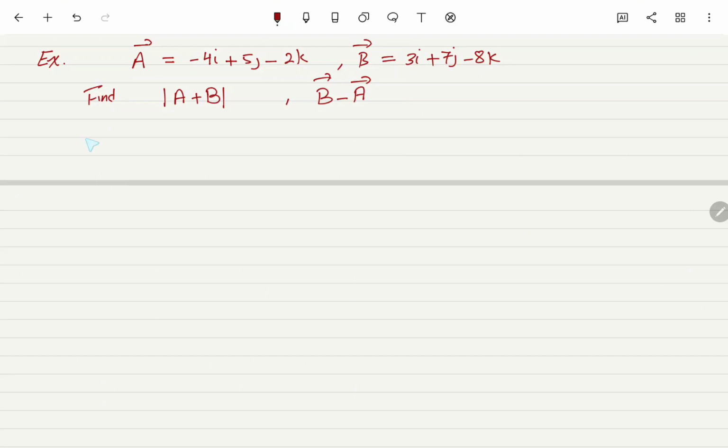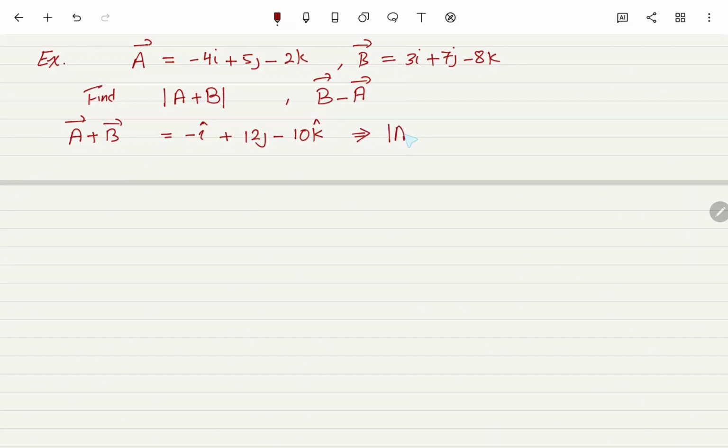Now to find a plus b as a vector, remember, we just add i with i, j with j, k with k. So minus 4 plus 3 is minus 1, so minus i hat. Plus 5 plus 7 is 12 j, minus 10 k hat.